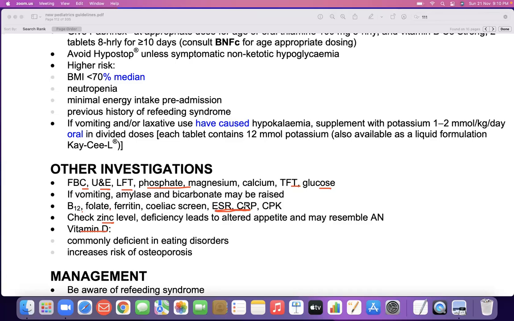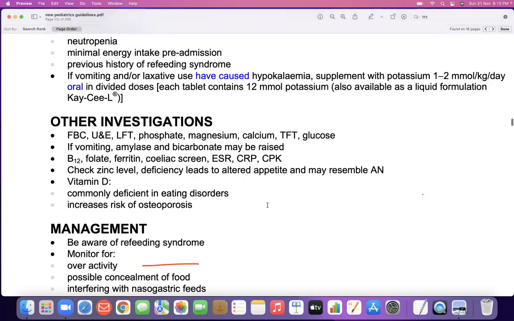Yes, this is to rule out. And celiac screen to rule out celiac disease. Ferritin maybe as acute phase reactant. And also they may have low iron. Okay. Yes. And as you said, this osteoporosis, vitamin D. I forgot all these things. I read but yesterday.